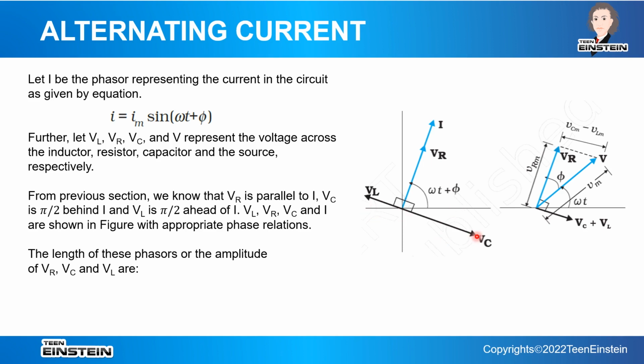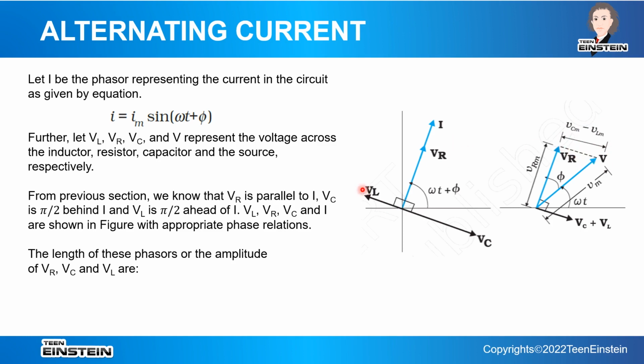First, let's look at VL and VC. If I want to find the resultant of these two vectors, how do I do that? I want VC added with VL, but VL is in the opposite direction, so it will become VC minus VL. That is this vector. The magnitude of this vector is the amplitude of VC minus the amplitude of VL, which gives this distance.